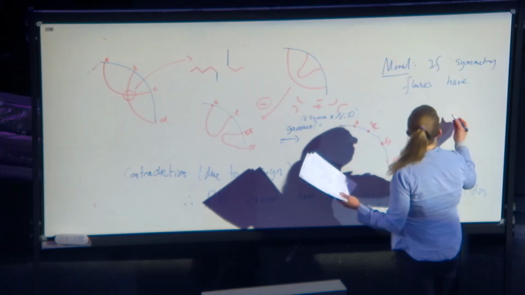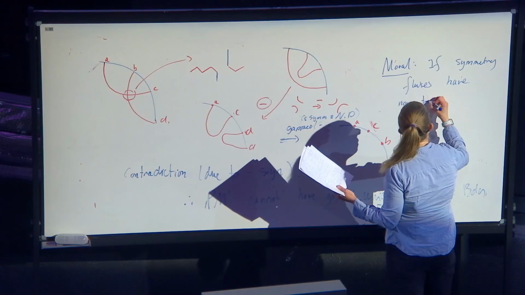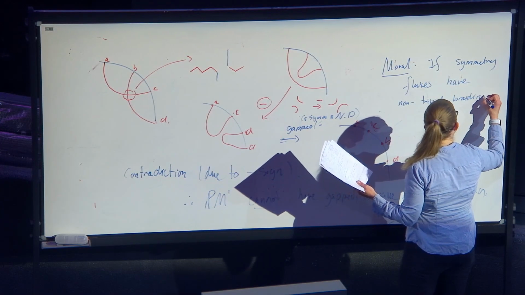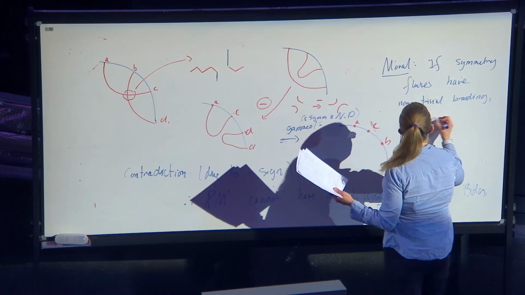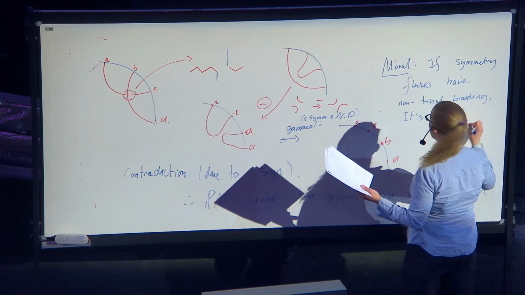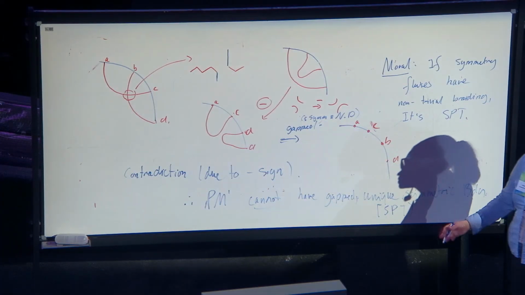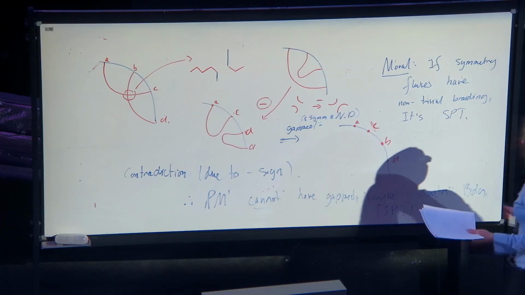So if the symmetry fluxes have non-trivial braiding, then whatever state you're writing down is an SPT. You have this obstruction, which Levin and Gu called the braiding statistics obstruction to having a symmetric gapped boundary.